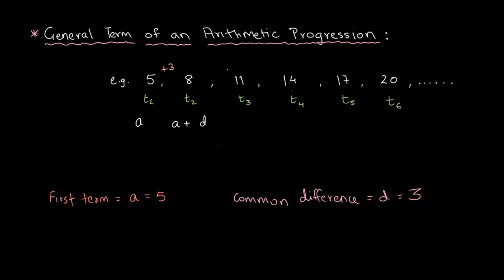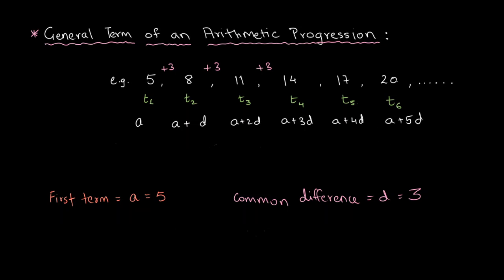To get the third term, again I just need to add the common difference. So a plus d plus d is a plus 2d. Again, I just need to add the common difference: a plus 2d plus d gives me the fourth term, which is a plus 3d. The fifth term will be a plus 4d. The sixth term will be a plus 5d.